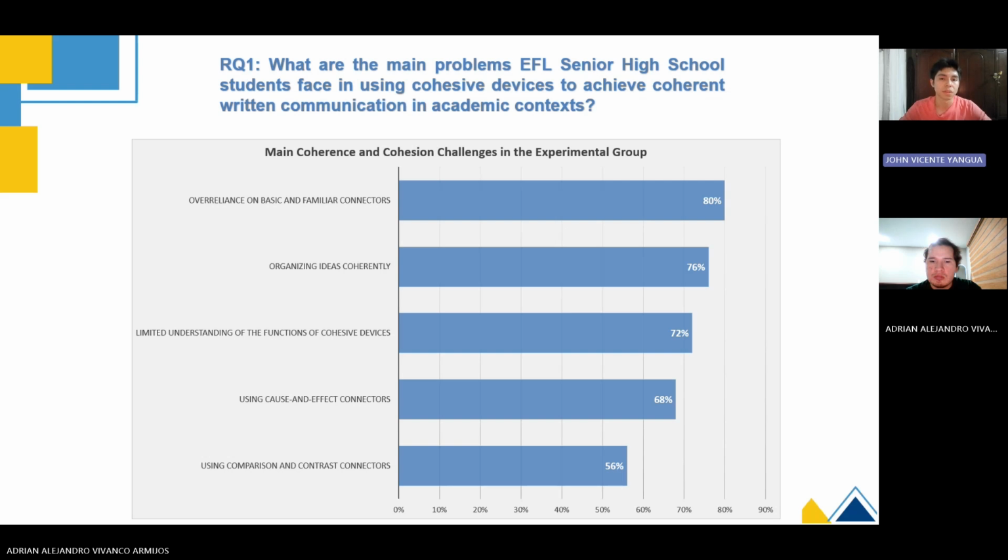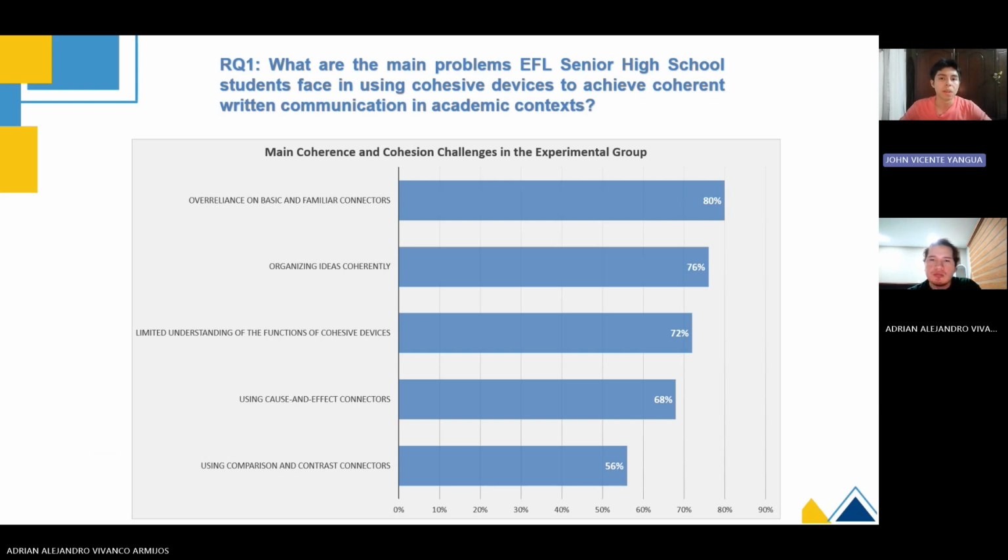Another important difficulty involved organizing ideas coherently, which was identified in 76% of the students. Although participants were generally able to produce individual sentences, they often struggled to connect them logically throughout an entire paragraph. Likewise, 72% of the participants demonstrated a limited understanding of the functions of cohesive devices. Instead of selecting connectors according to the relationship they intended to express, they frequently relied on familiar expressions.